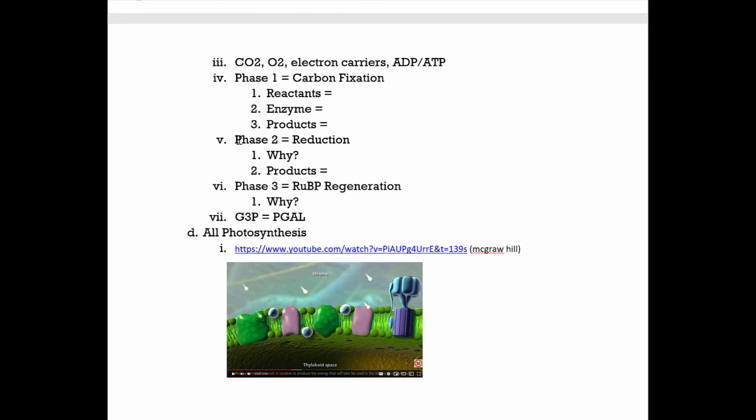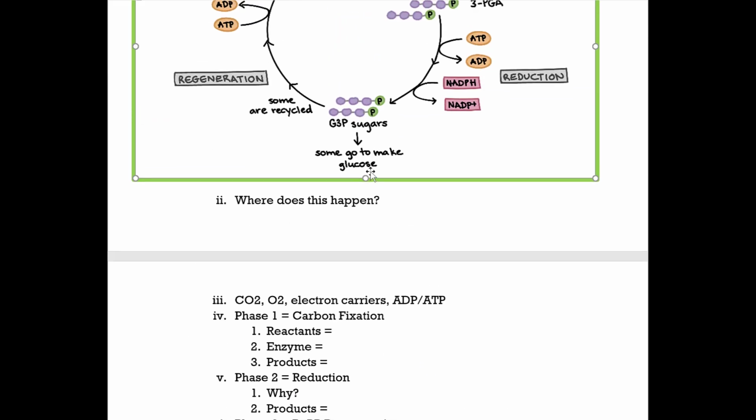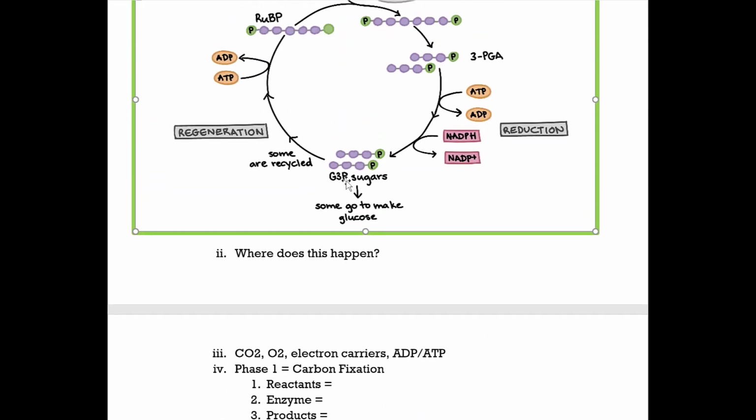And the second stage is reduction. It's called reduction because this is where electrons from the light reactions, which now are high energy because they were either generated from or contain the energy of the photons. And then the products of reduction are the products of the Calvin cycle, which is the G3P molecules.